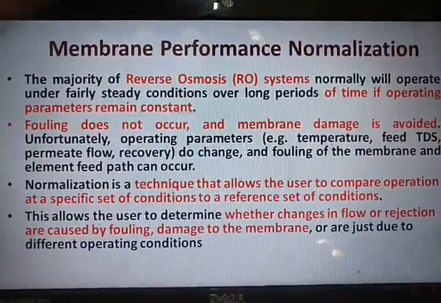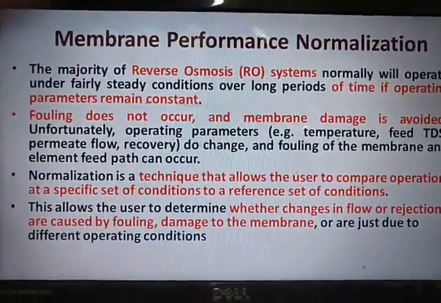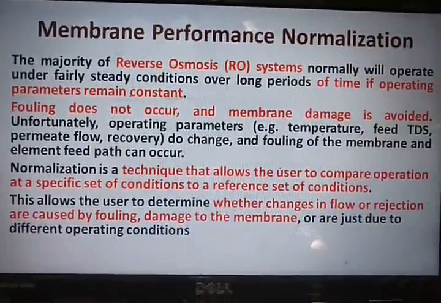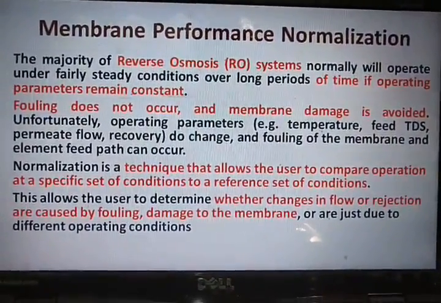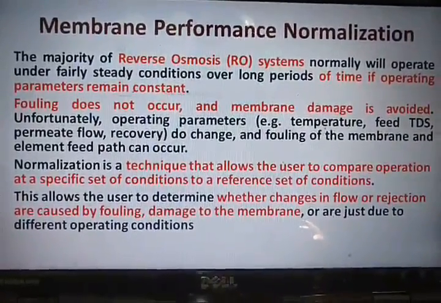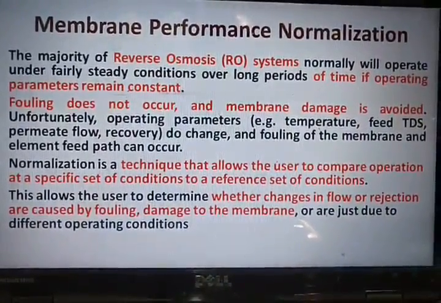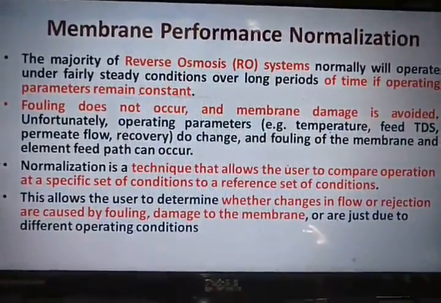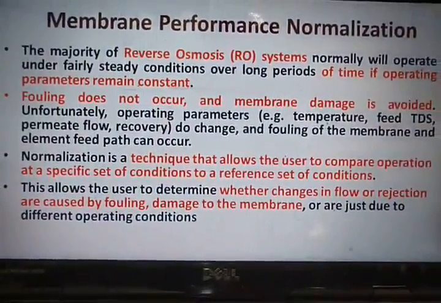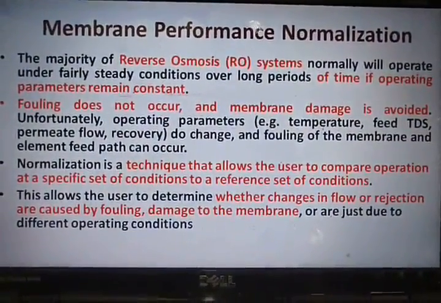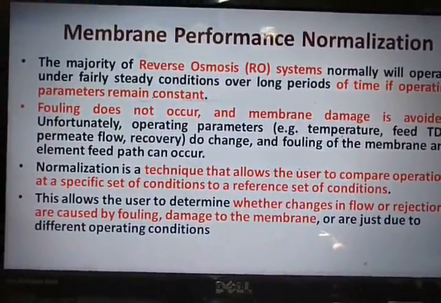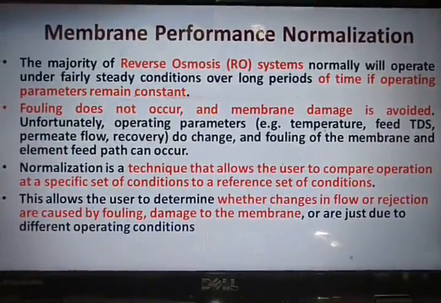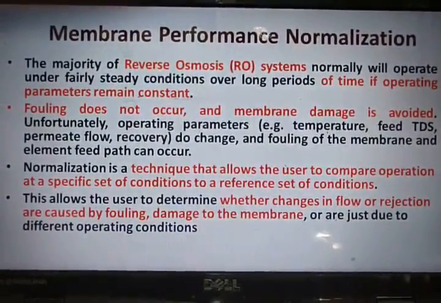Then there is a term called membrane performance or normalization of the membrane. The majority of reverse osmosis systems normally operate under fairly steady conditions over a long period of time if operating parameters remain constant. That means these membrane systems will work effectively if the feed is of constant characteristics, under steady state conditions, fouling does not occur and membrane damage is avoided.